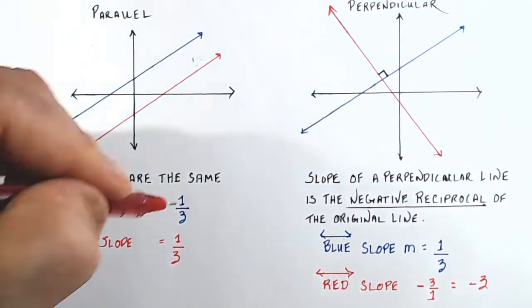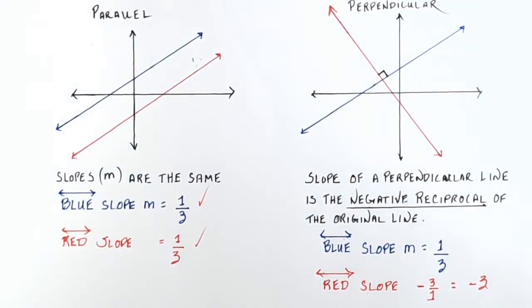So notice they'll always have the same slope. That's the key. They have the same slope but different y-intercepts.